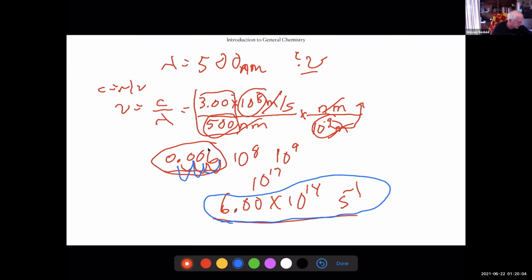If we're given a frequency, let's say we have the frequency of blue light. Blue light has a frequency of 6.41 times 10 to the 14th per second.